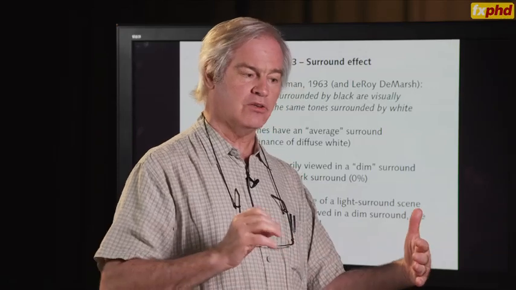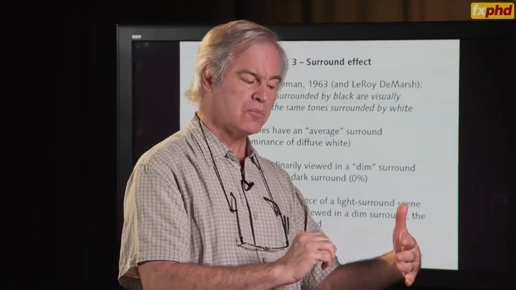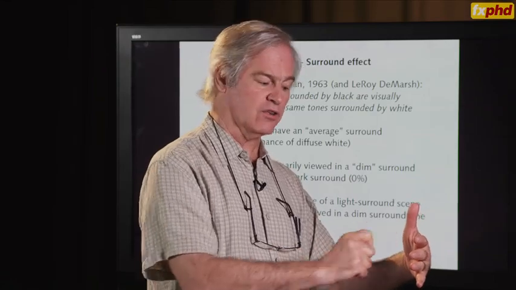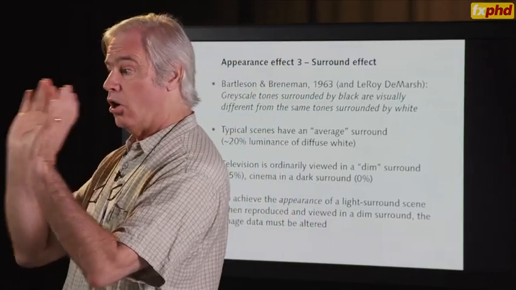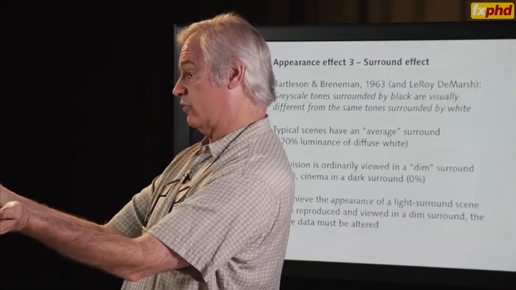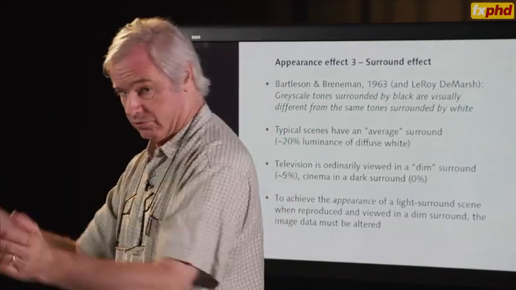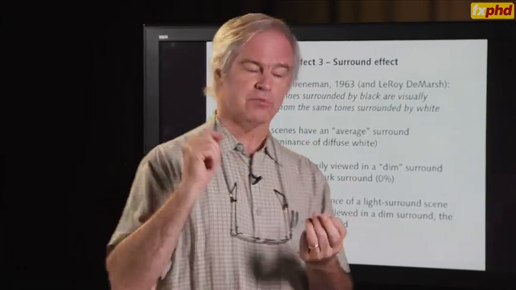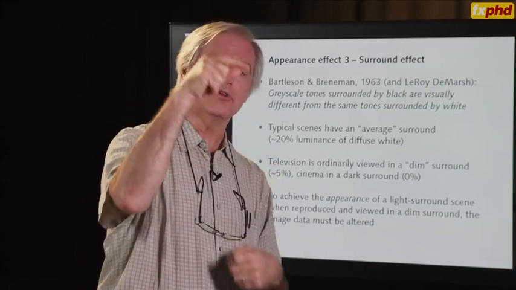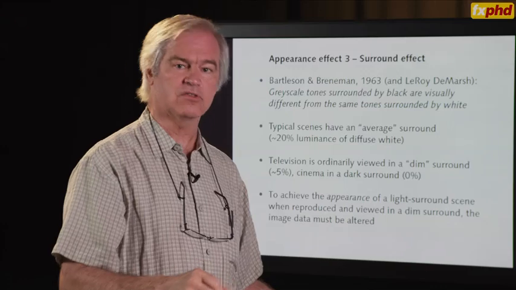And basically, we need to alter the image data to dial in the amount of visual contrast that we would have seen in the original condition when we saw the scene in person when it wasn't surrounded with black. So there's the three effects. The Hunt effect, colorfulness decreases as luminance decreases.